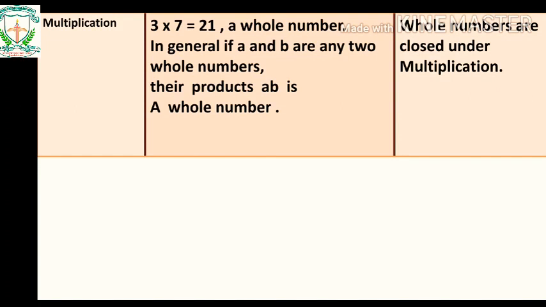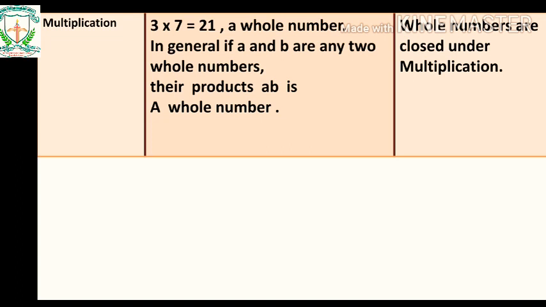Next one is closure property for multiplication. When we multiply two whole numbers, we'll take one example. 3 into 7 is equal to 21. 3 sevens are 21.